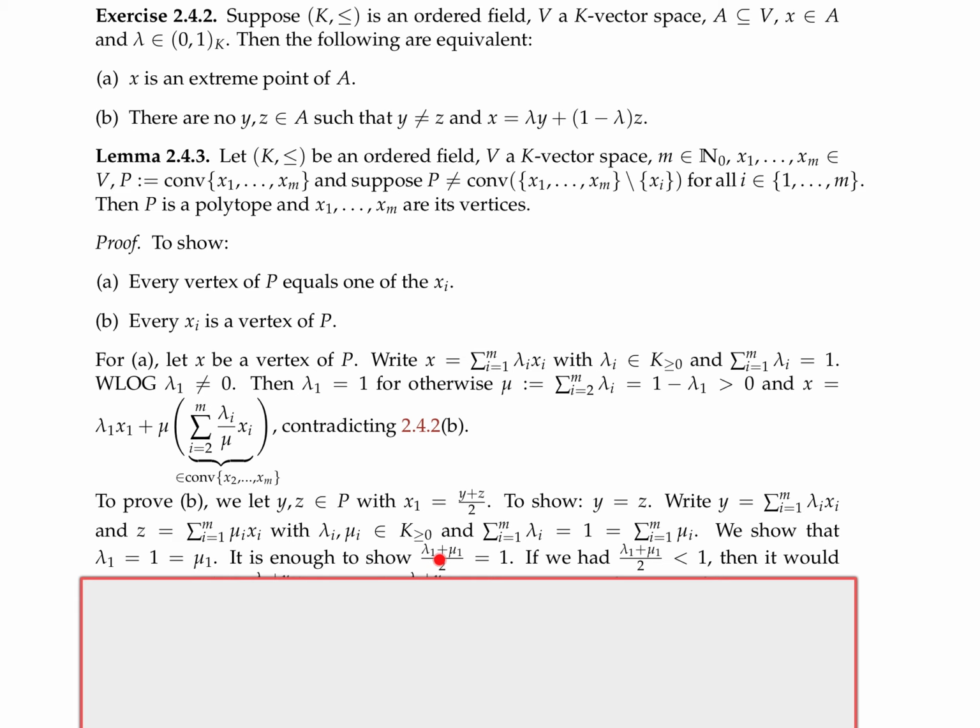So if one of them would be strictly smaller than 1, then the numerator would be strictly smaller than 2, and then this cannot be 1. So we have to show just this, that the average is 1.